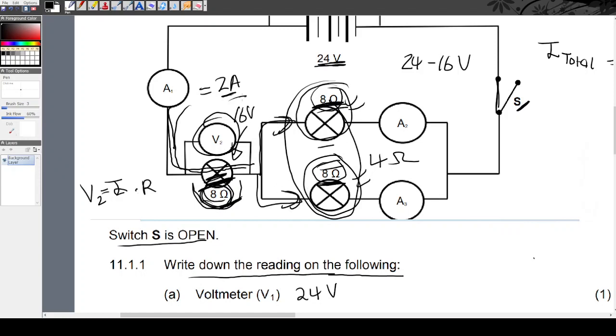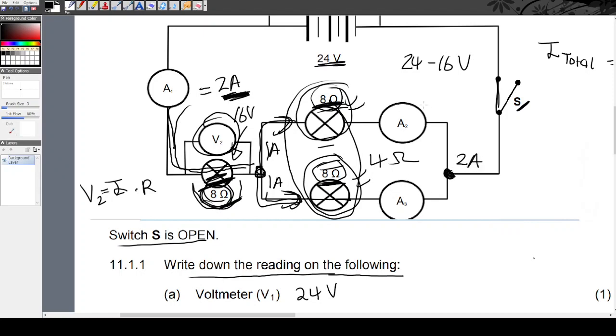That 2 amps of current will split at this point. 1 amp will go through this side, and the other 1 amp will go through this resistor, and at this point it will combine again to form the same 2 amps.